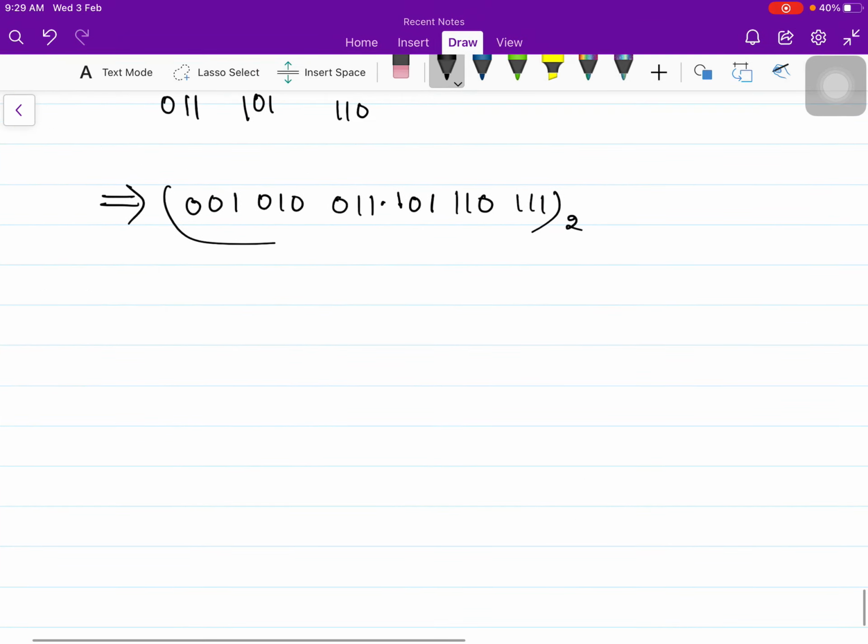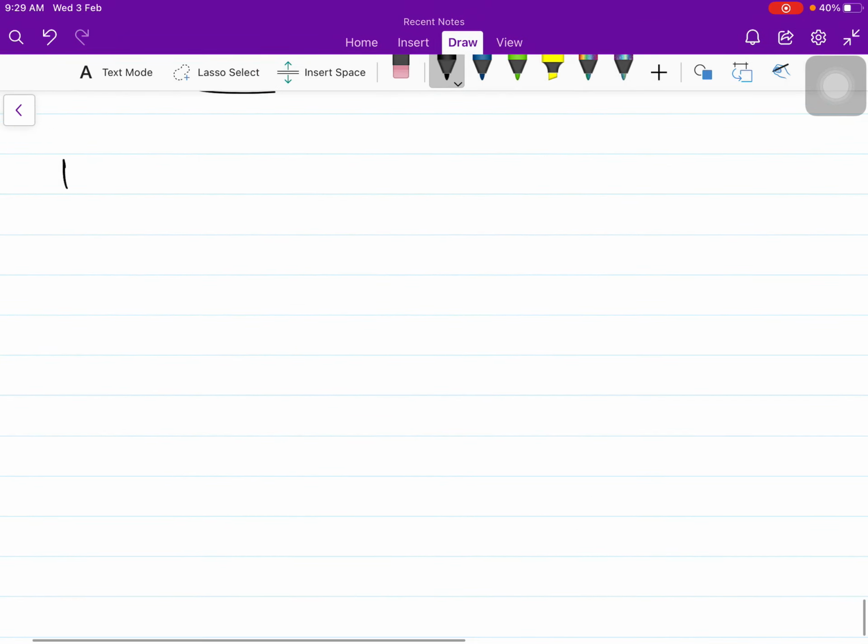Now the last conversions that are left are hexadecimal to octal. In this case, the conversion will not take place directly. You have to carry out this conversion in 2 steps.